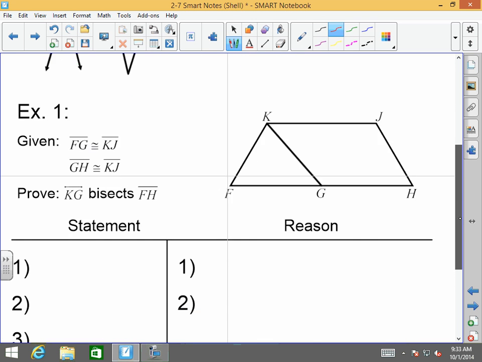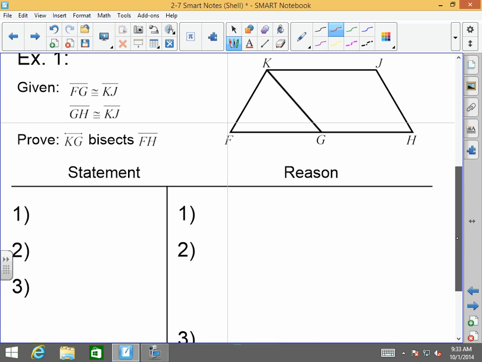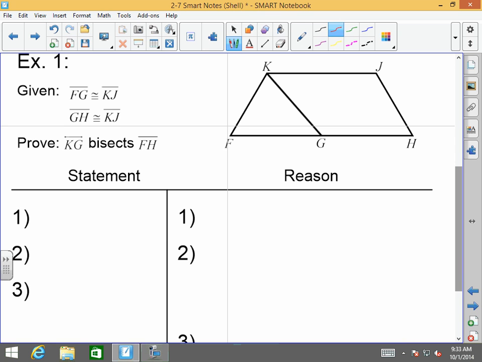All right. Let's check out how it works in a proof. If I tell you that FG is congruent to KJ, and then I tell you that GH is also congruent to KJ, so they all have one tick mark, I want to prove that KG bisects FH.